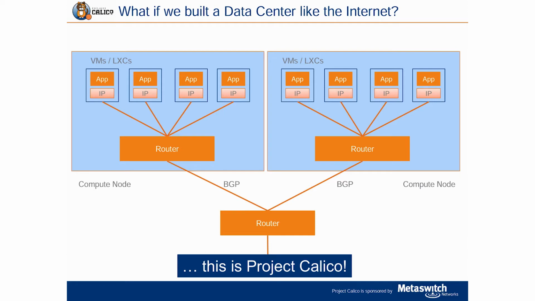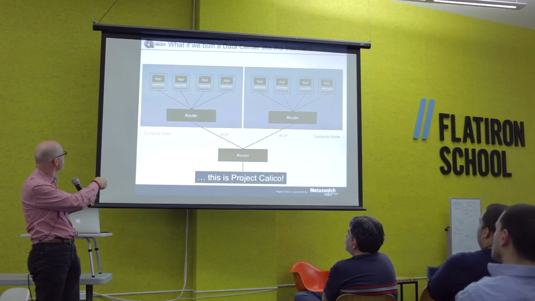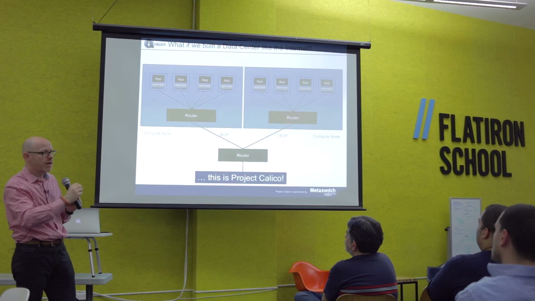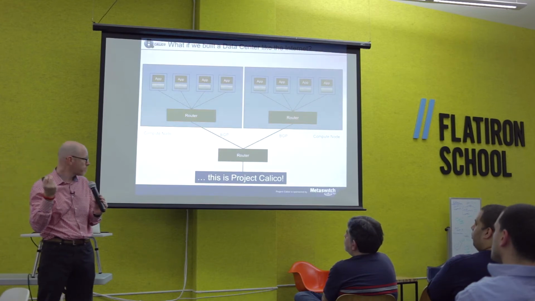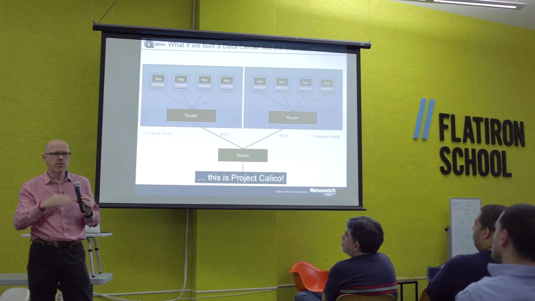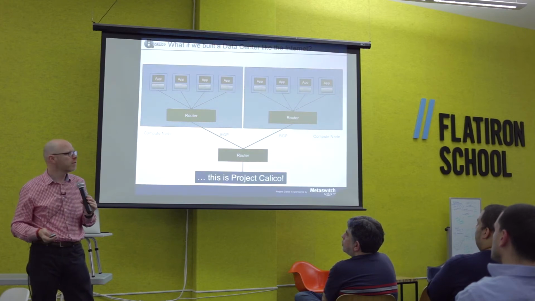So we said let's put those endpoints and their first hop router within an individual compute node. Those could be virtual machines, they could be containers. That virtual router, I'll come onto how we implement that, but it's very simple. And then running over any kind of fabric that can transport IP. So that's what we've done.